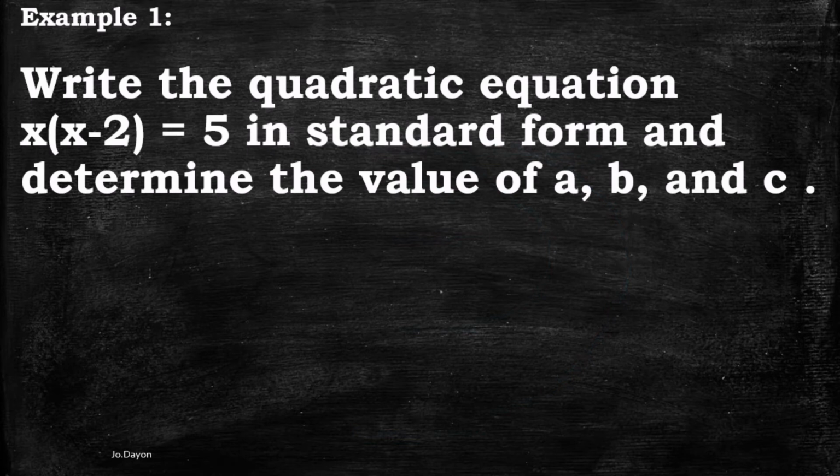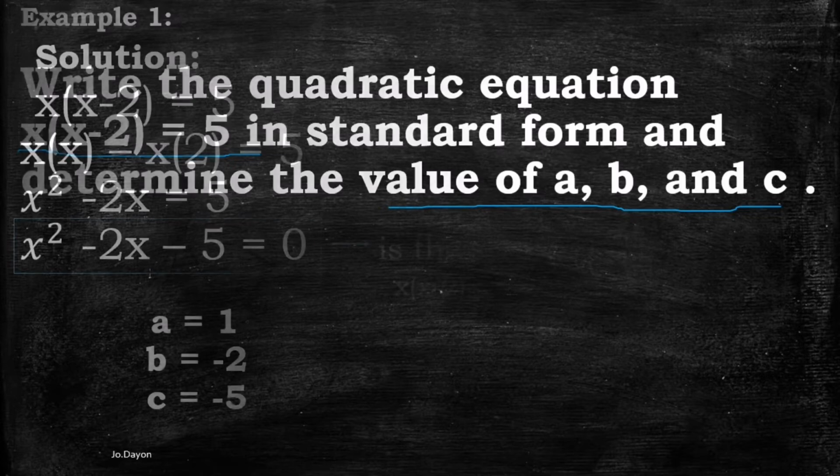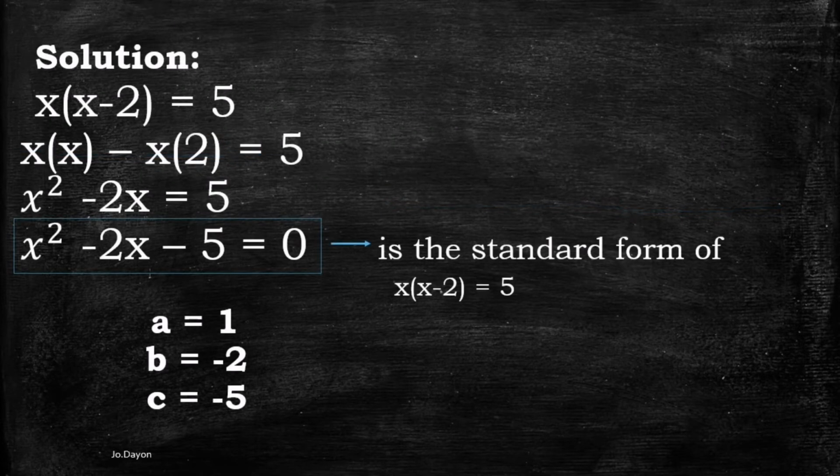Now we are going to write the quadratic equation x times quantity of x minus 2 equals 5 in standard form, and we're going to determine the values of a, b, and c. For our solution, we are going to apply the distributive property of multiplication. The given equation is x times the quantity of x minus 2 equals 5.